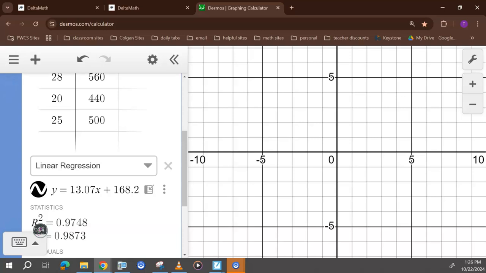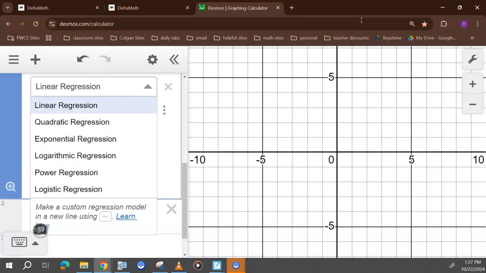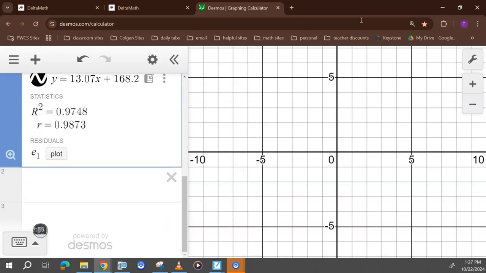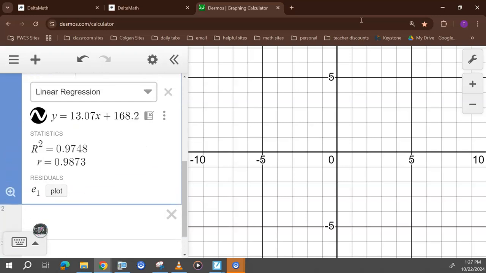And then you get this option at the bottom, where you can choose which type of regression. We're dealing with linear, so that would be your only option right now. And it would tell you your linear regression equation.